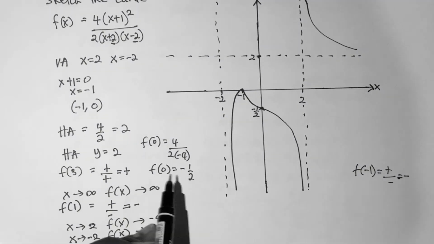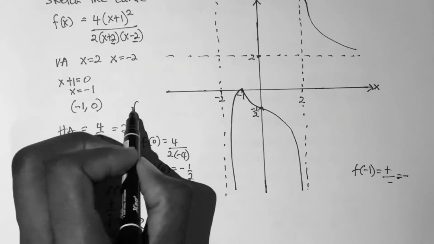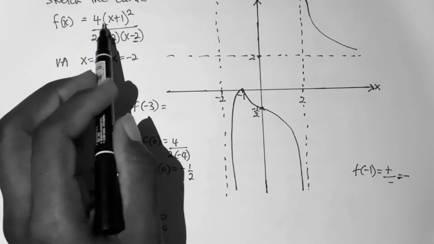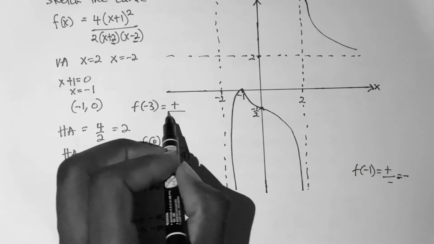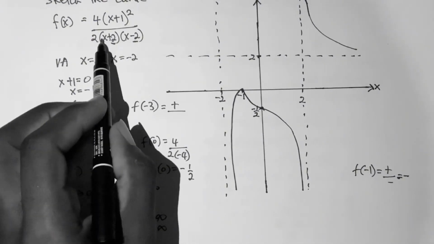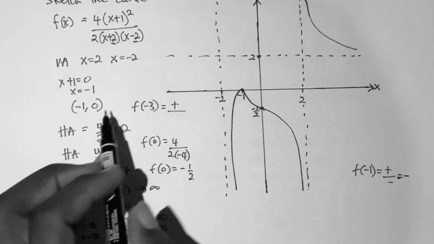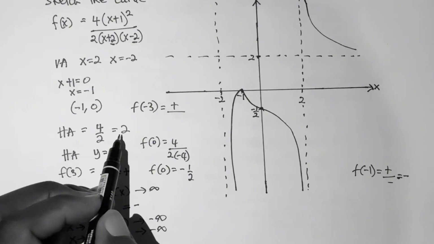Then apart from that, let's check the nature of the curve in this region. Let's find f of minus 3. If we put minus 3 here, minus 3 plus 1 is minus 2. If you square it, you get a positive number. Divided by minus 3 plus 2 will give a negative number. And minus 3 minus 2 also gives a negative number.